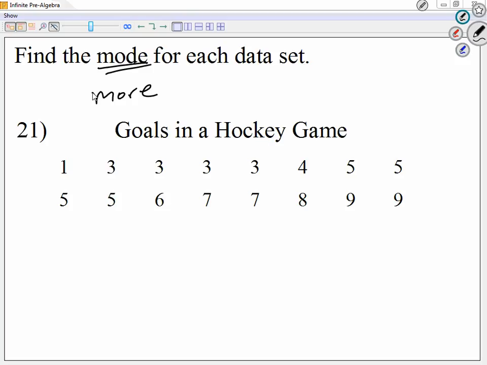Alright? Pay attention. So I'm looking at which number appears the most. That's basically what I'm looking at. I notice that 3 is 4 times. Seems to be a number that repeats a lot. But then I also notice that 5 is also 4 times. I don't see any number that repeats the same amount or more. So in this case, there are two modes, 3 and 5.